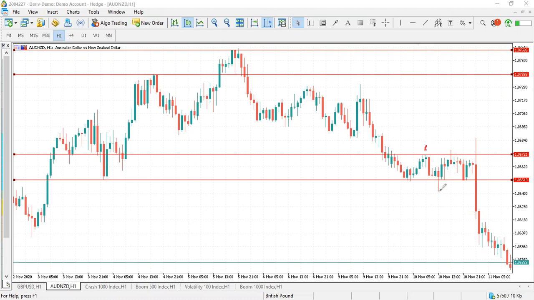This candlestick rejected from all of this support level here. You see the rejection, made a move. You see another rejection here, the sellers making rejection for a sell. Price came back here again and went up.